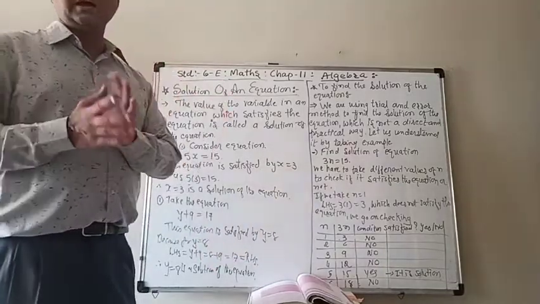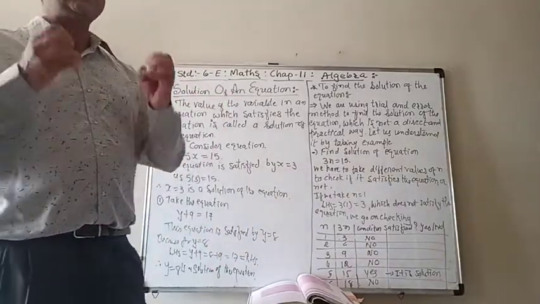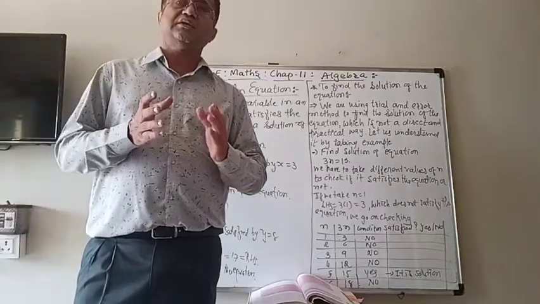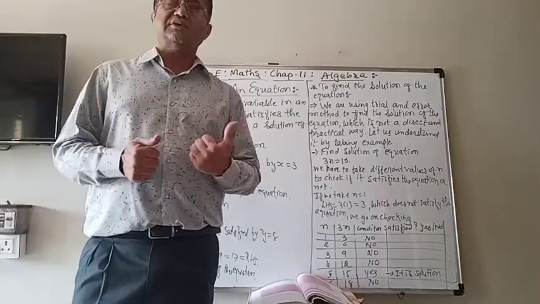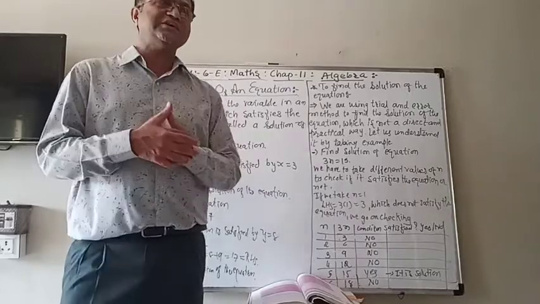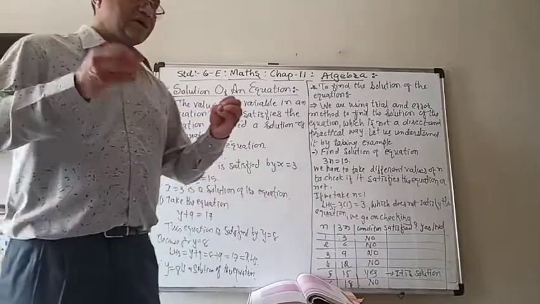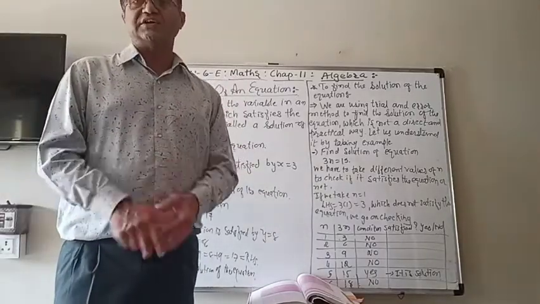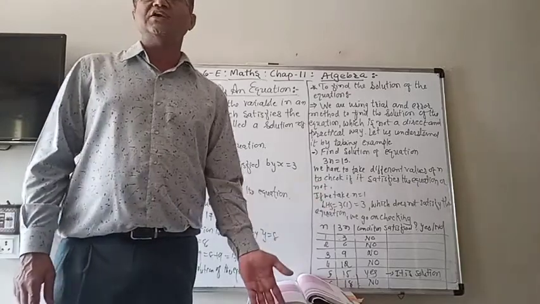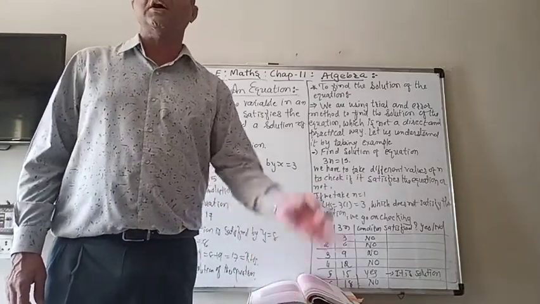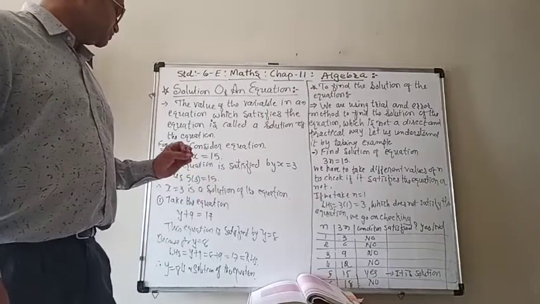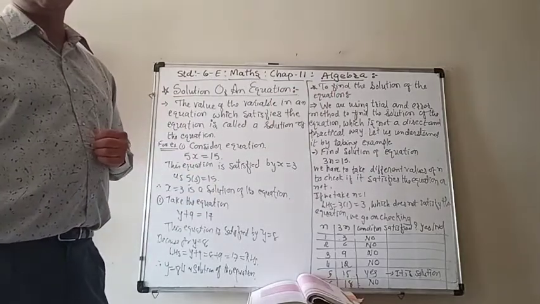So LHS and RHS must have the same values. Here you can see that by putting y equal to 8, the equation is satisfied. It means that y equals 8 is the solution of the given equation.